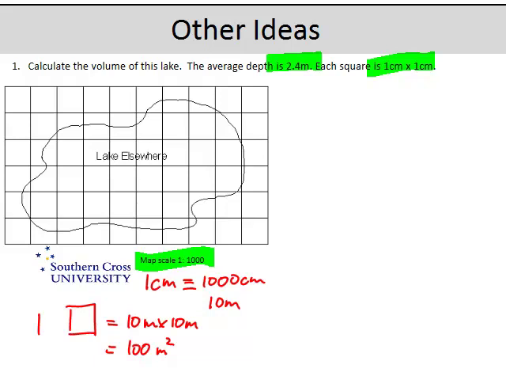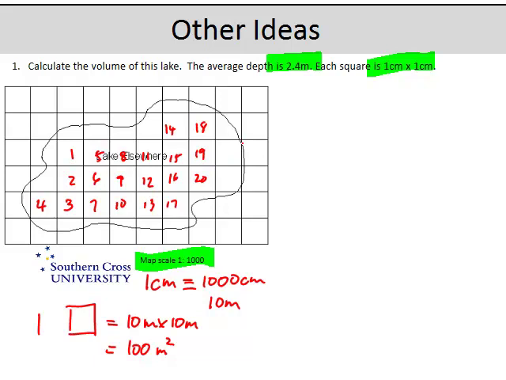Now we've got some whole squares and we've got some part squares. So I think the first thing is to count the whole squares. This is 1, 2, 3, 4, 5, 6, 7, 8, 9, 10, 11, 12, 13, 14, 15, 16, 17, 18, 19, 20.